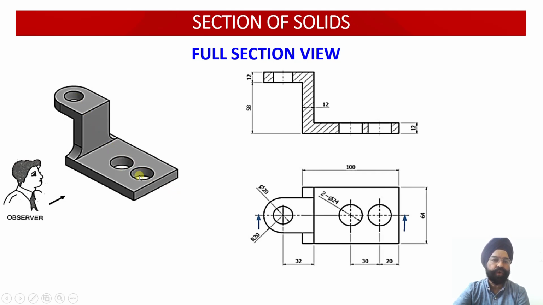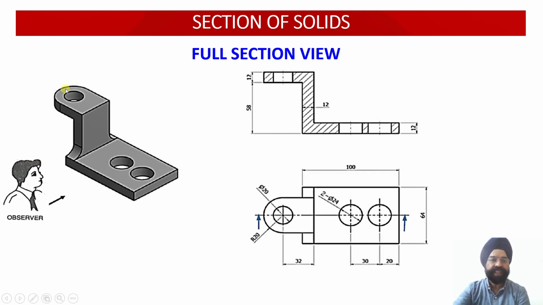Since all these three holes are available in the same line, a single plane would be sufficient to provide me the details. And in the subsequent discussion you will see that if these holes are not available in a single line, we can even have the cutting plane in a different orientation. That will be called offset section, which we are going to discuss in a while.